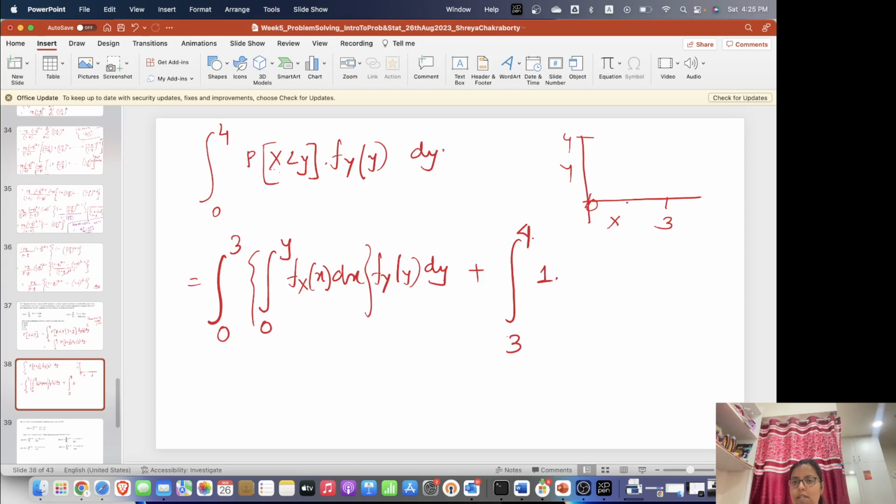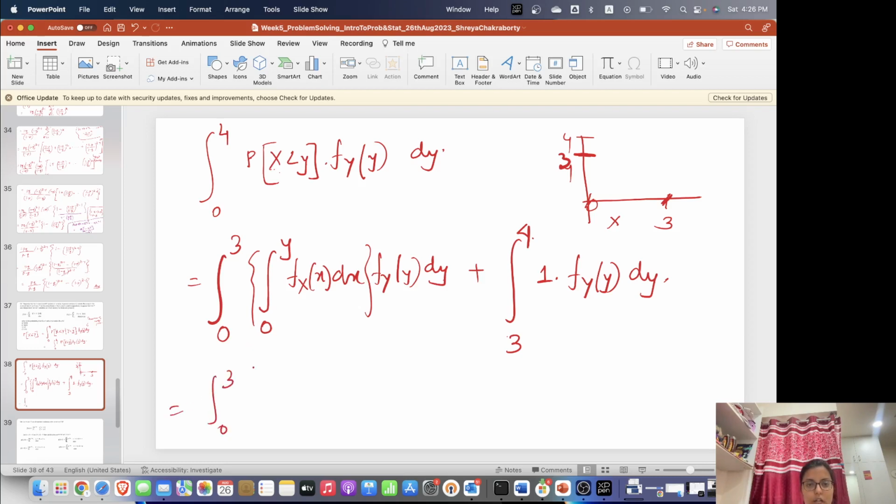X can range between 0 and 3, but y is starting from 3 to 4, so x is always less than or equal to y. So this probability is 1 into f_Y(y) dy. You understood? Okay.